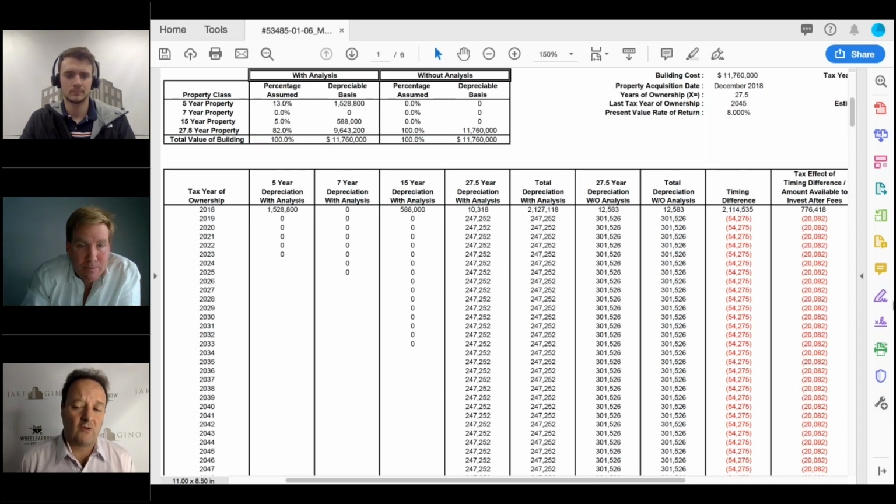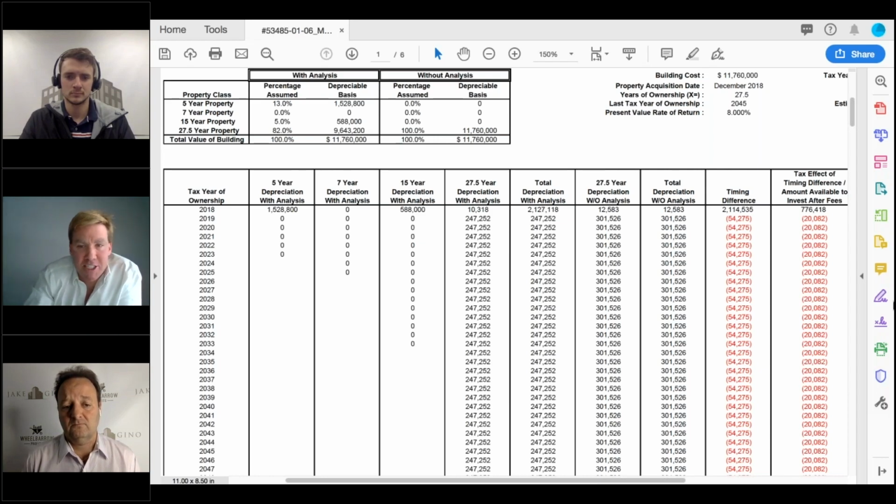And can you describe or discuss what bonus depreciation is? Yes. So a lot of you that have heard of the Tax Cuts and Jobs Act and the Trump plan, and you talk with your CPA about it, you probably didn't reap much benefit from it. But this is huge for commercial building owners. You're eligible to reap the 100% bonus depreciation all in the current tax year.